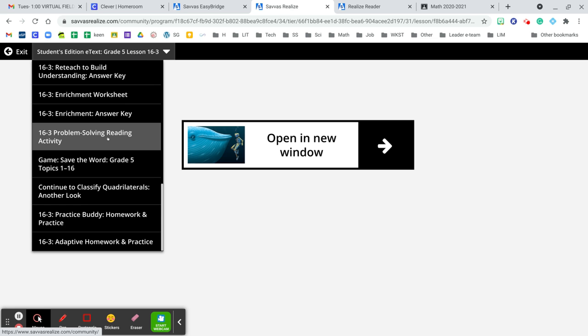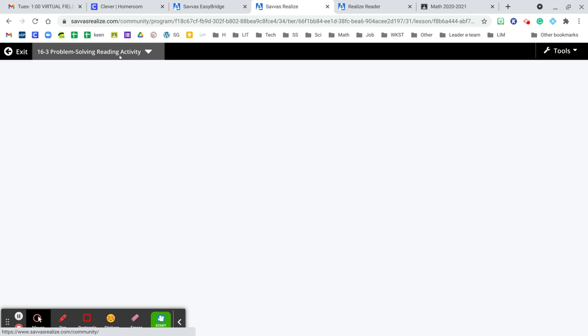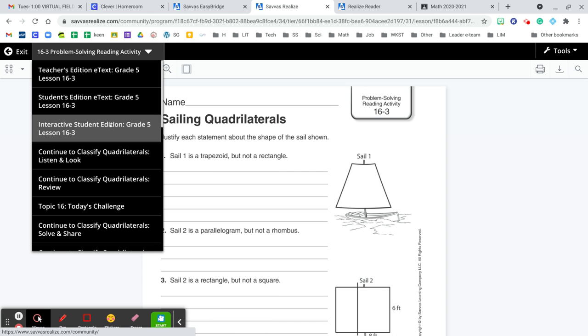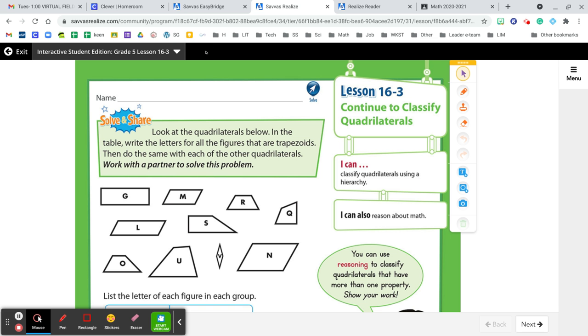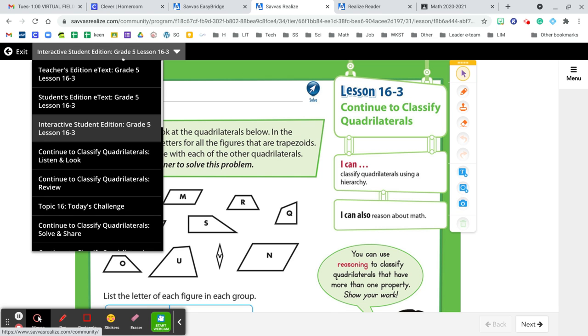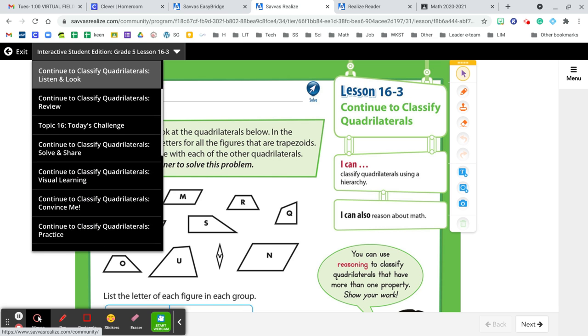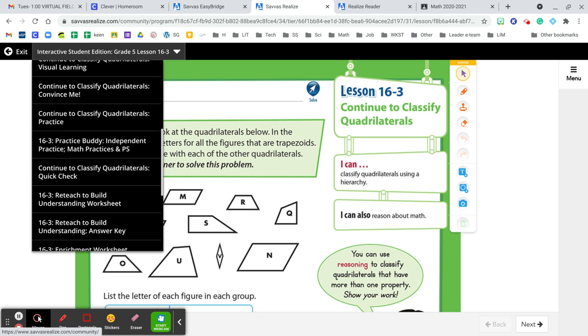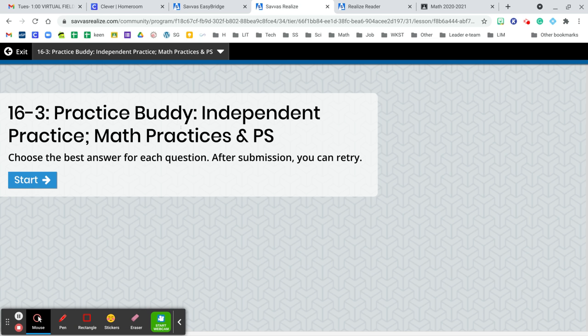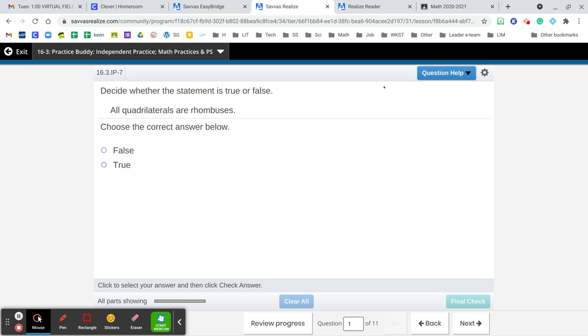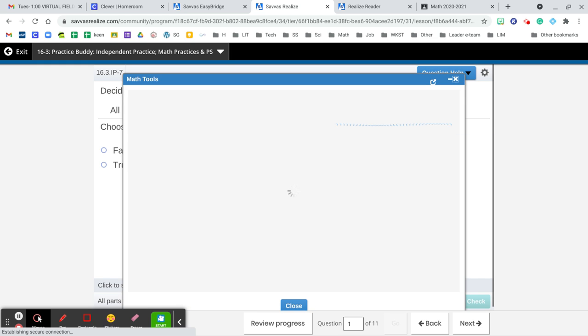If we go into our tools, oops, that one. Let me try to find my tools here. Student Edition, Interactive, listen and look. Well, I know I can get my tools in here, so let me hop into my Practice Buddy. So I know I can get my math tools by going into my Practice Buddy.